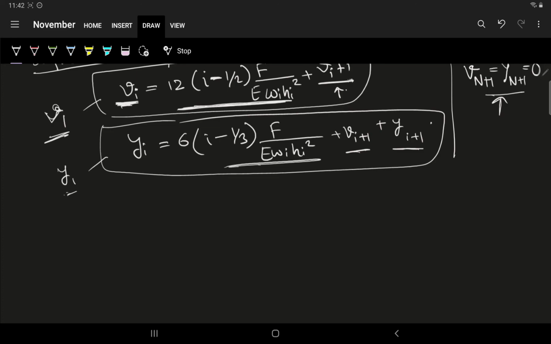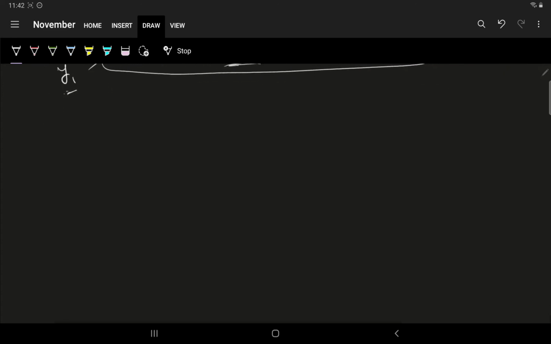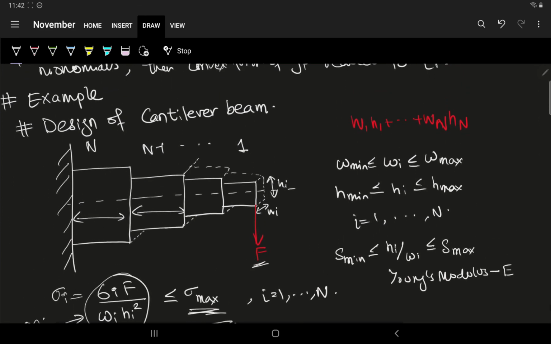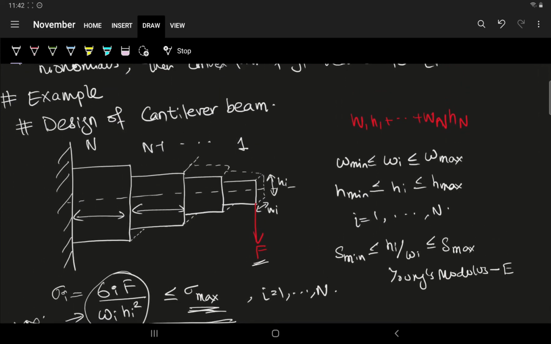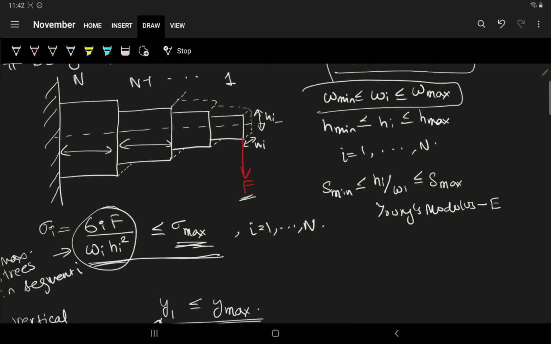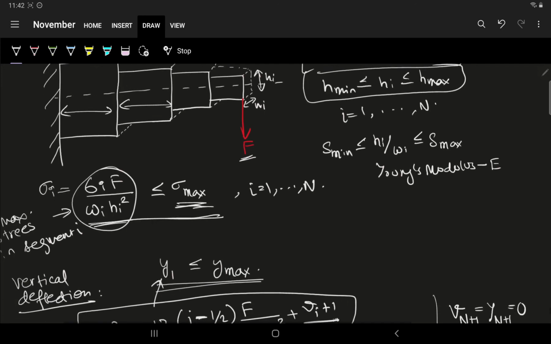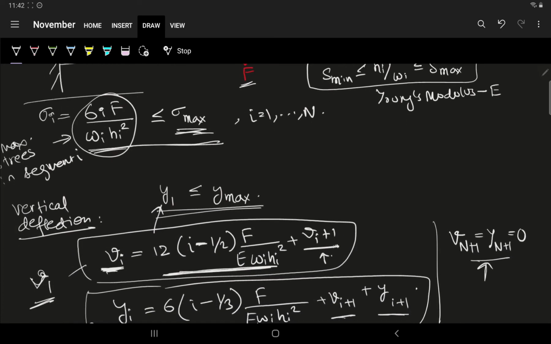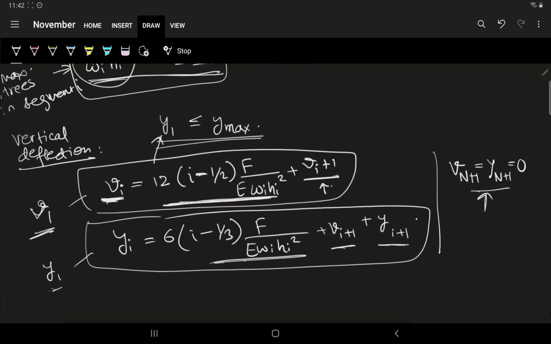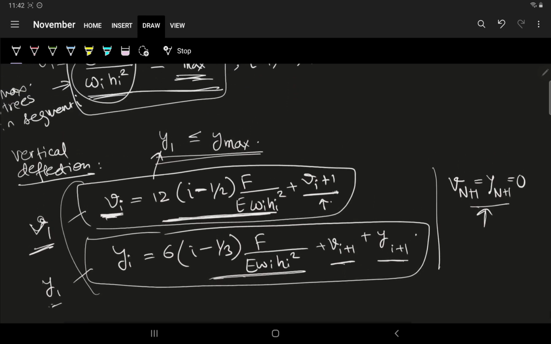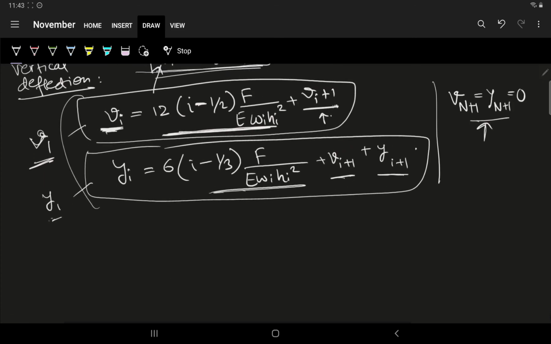So the problem is changed into a kind of geometric problem, this entire problem with this objective function and other constraints like this, this, this, and this.